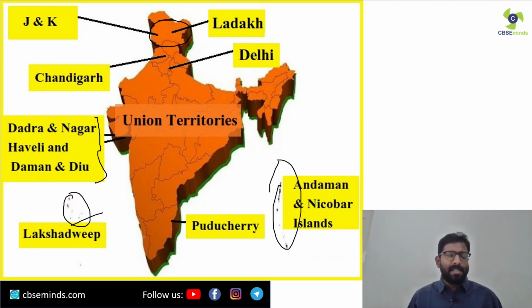Clear? These are very far away from mainland India, as you can see on the map. Clear? So they have to be controlled by the central government, because in case of any kind of external aggression or attack, it becomes very important from the strategic point of view. Clear? That is why it is made a union territory.